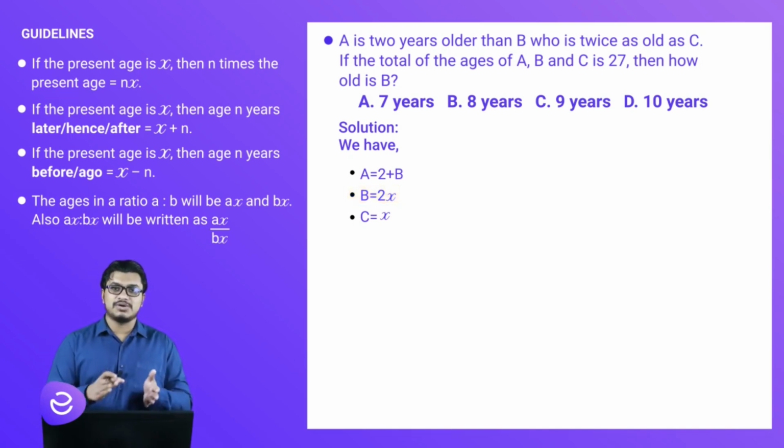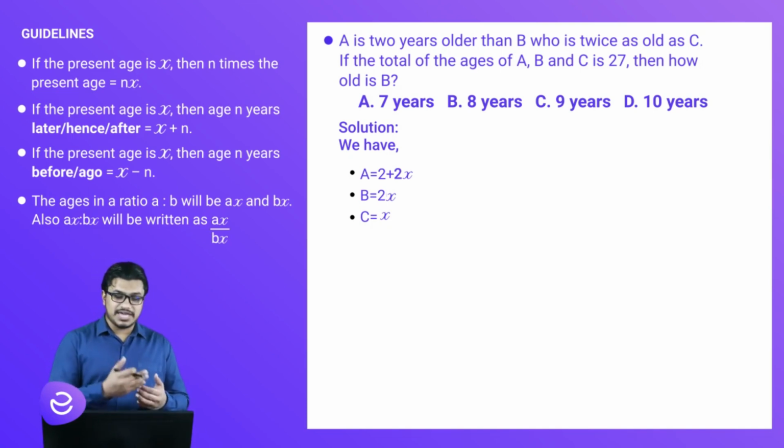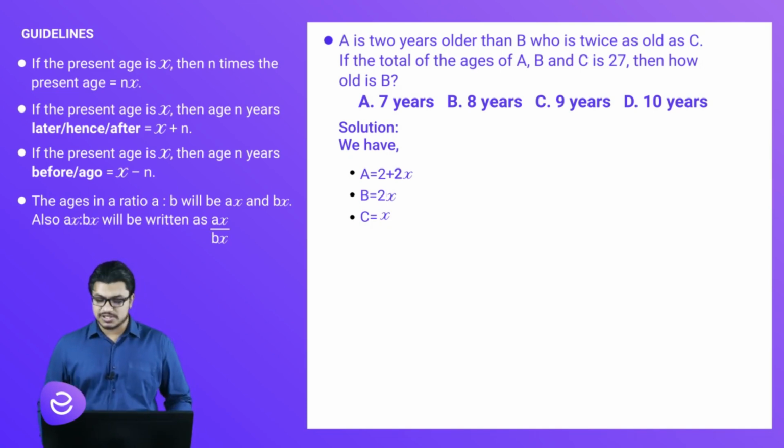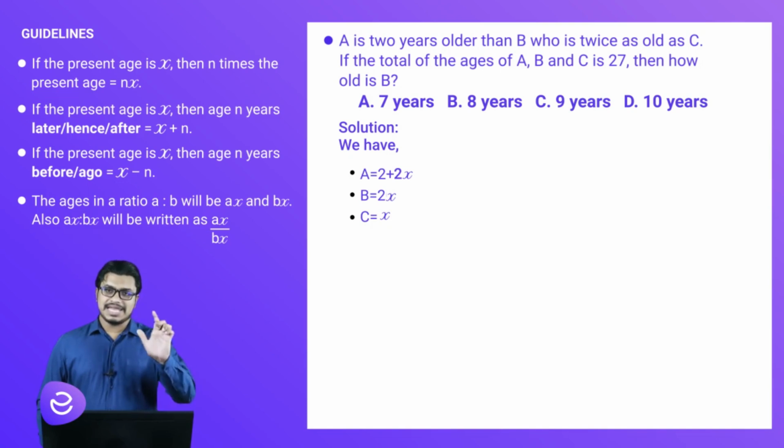So, we have A equals 2 plus 2X. Now, we have three equations which all constitute X only. Instead of A equals 2 plus B, we have A equals 2 plus 2X. Instead of B equals 2C, we have B equals 2X. And we have C equals X. So, we have 2 plus 2X as A, 2X as B, and X as C.